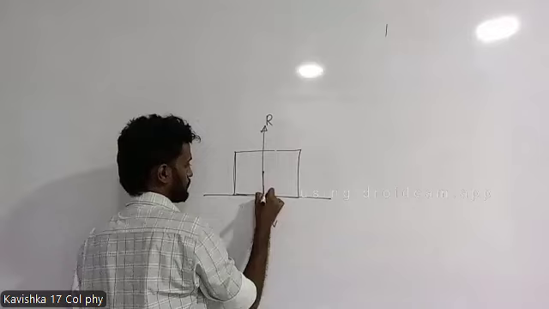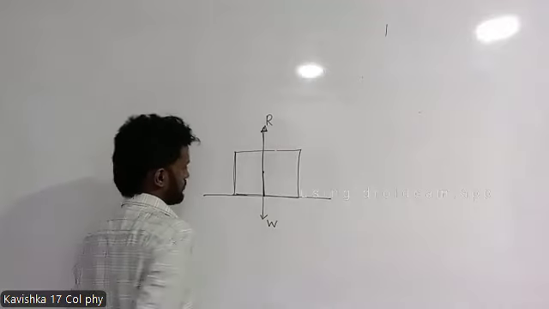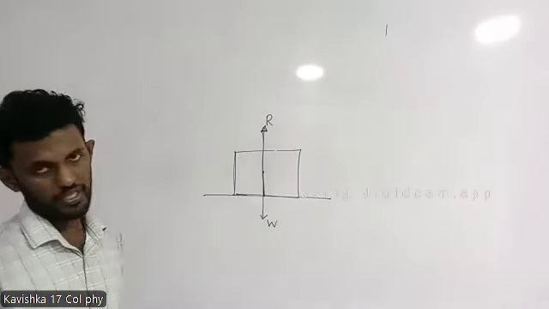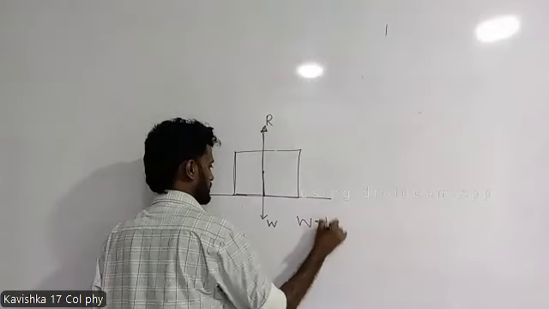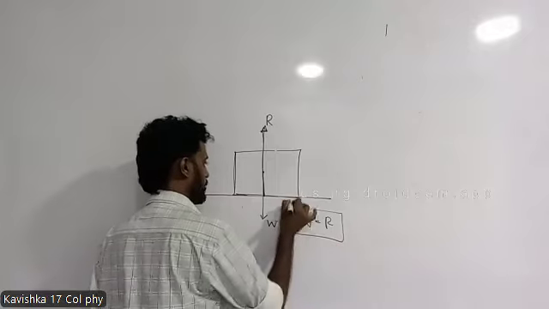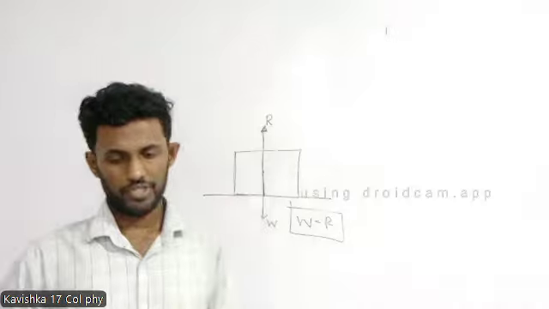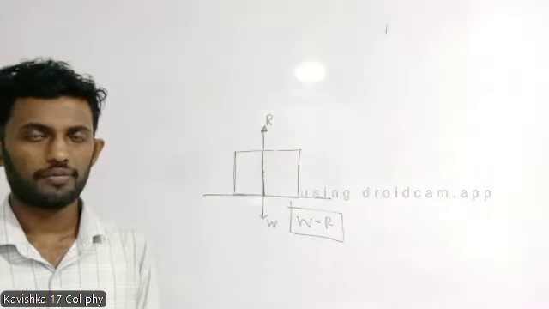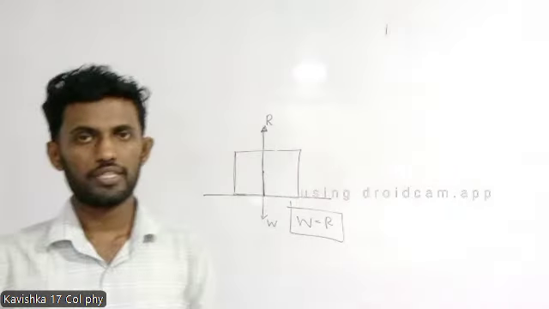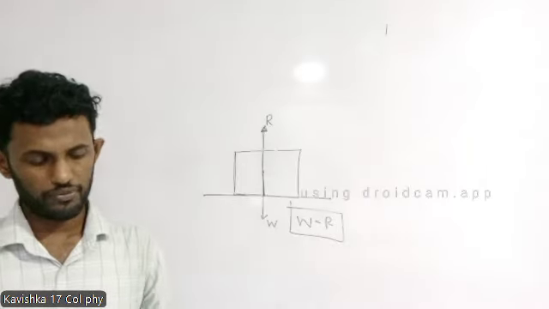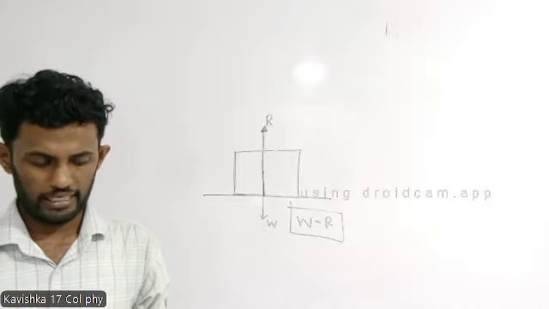The reaction force comes from the surface. So this object stays at rest vertically due to this equation: W equals R, where W is weight and R is reaction force. Ground reaction force, normal reaction force, perpendicular reaction force. We can learn that in friction.